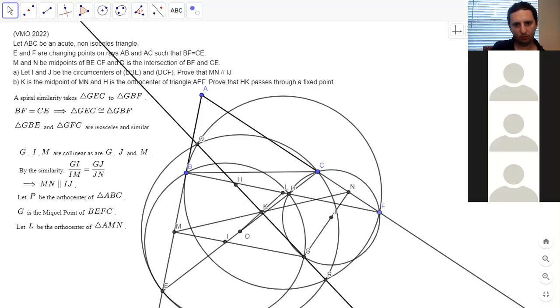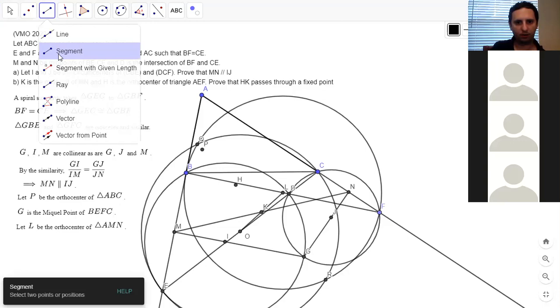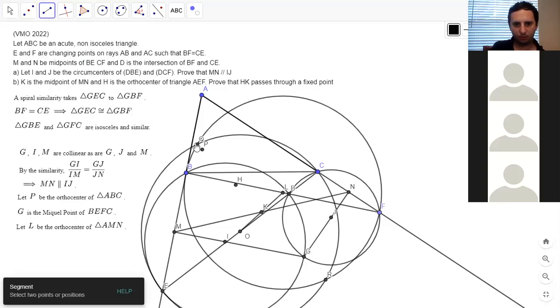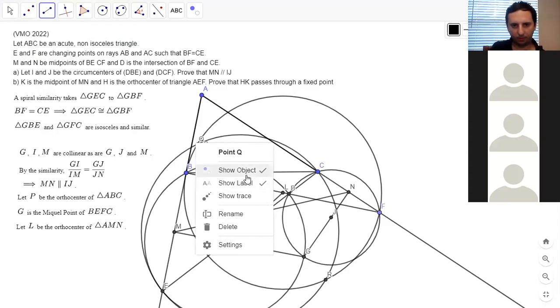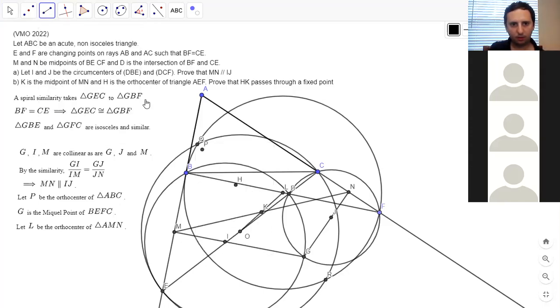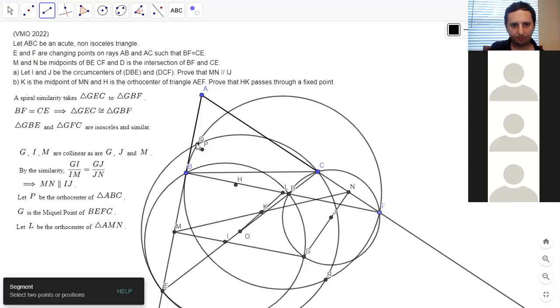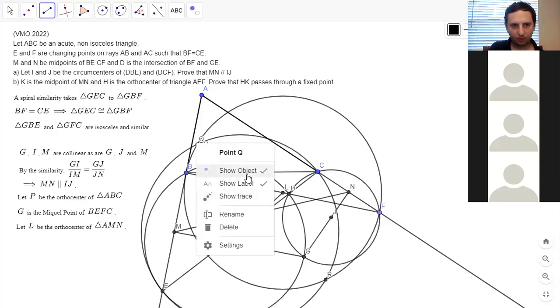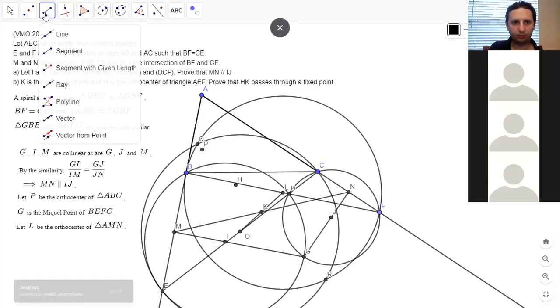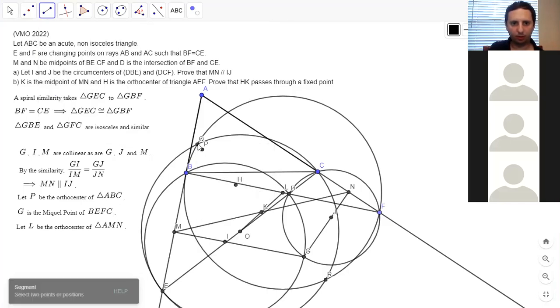Okay, finally. All right. We don't really need Q and R. I'm just going to leave them there so that I can draw the final line.